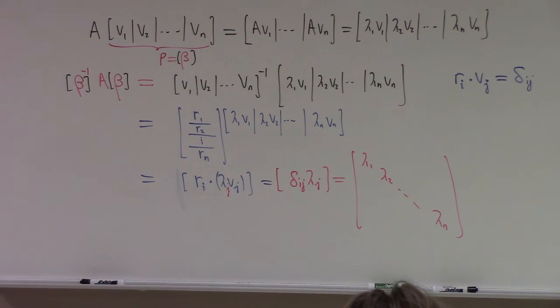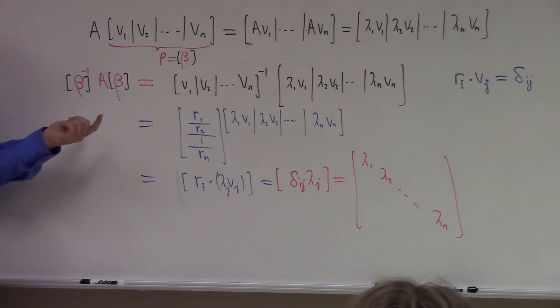If we have n linearly independent eigenvectors for a matrix A, it follows that that matrix is diagonalizable. Well, here's the calculation, and it's better than just that.